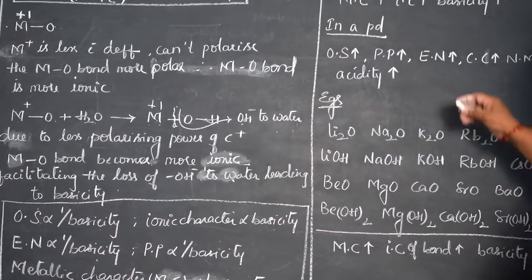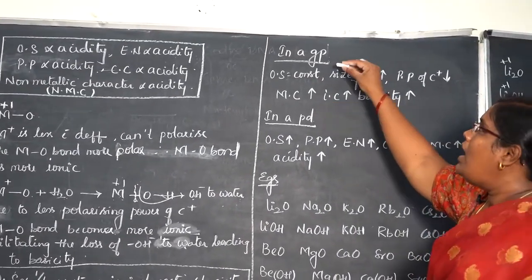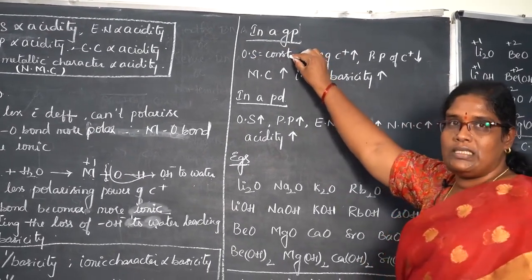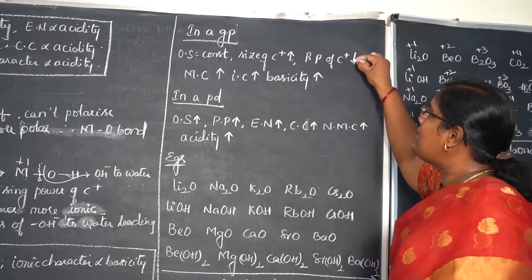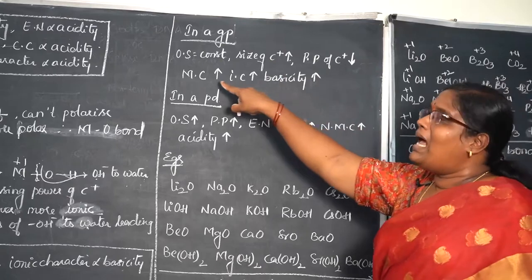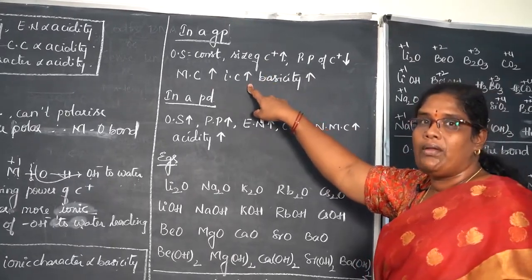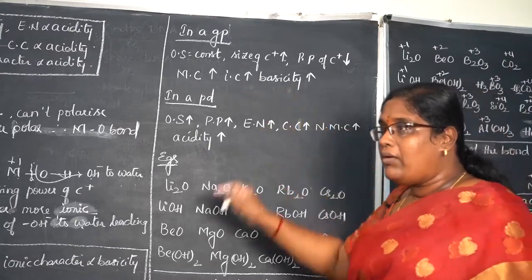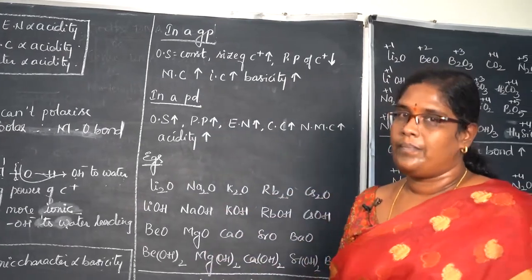Before that, what happens in the group and in the period? In a group, oxidation state is generally constant. Size of cation increases, polarizing power of cation decreases, metallic character increases, ionic character increases, basicity increases. That is, generally in the group, basicity increases.